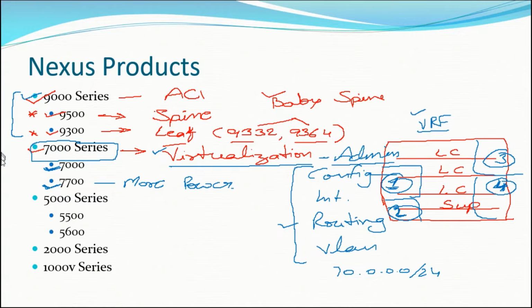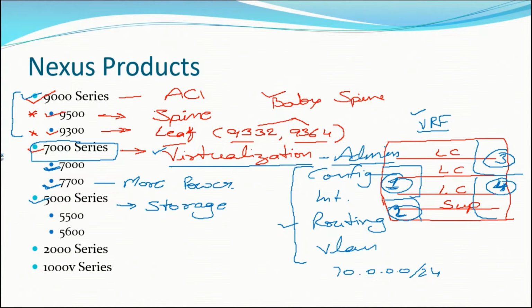But before we move on, let's understand what the Nexus 5000 series of switches is. These switches were designed and developed for a specific purpose, which is the storage perspective. Storage means that servers need to connect to a storage box, a storage array, some centralized hard disk.